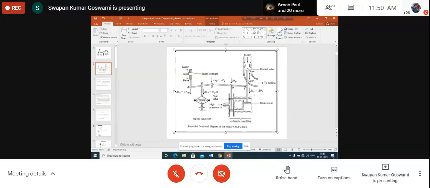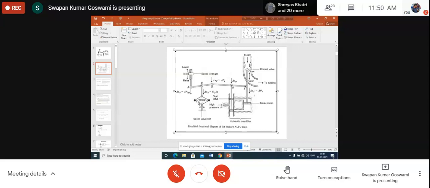When the generator is rotating at synchronous speed, there will be a certain tension on the spring, because the fly balls also rotate at synchronous speed. If the generator rotates at a lower speed, the fly balls also rotate at a lower speed, less than synchronous. Then the centrifugal force will be lower, so the balls will come closer, and the tension on the spring will be somewhat less than the tension corresponding to synchronous speed.